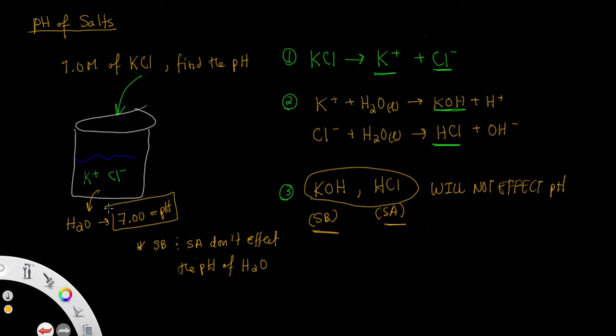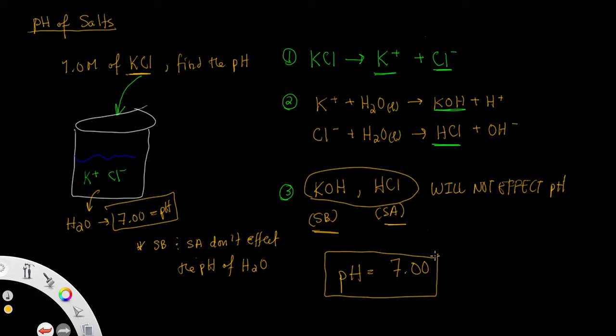So if we produce from this salt, from this potassium chloride, some strong base and some strong acid, we won't be affecting this pH. So our end pH of potassium chloride will still be 7.00.